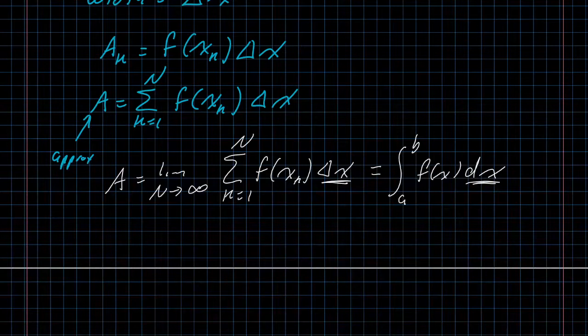We are multiplying the width of that infinitesimally small spot times the value of the function, which is the height of the rectangle that is infinitesimally small, to calculate the area of that tiny sliver. And we're doing that step by step by step. And that's why the differential makes sense to appear here. So as we take these regions and we get them narrower and narrower, we get something that we can actually work with.